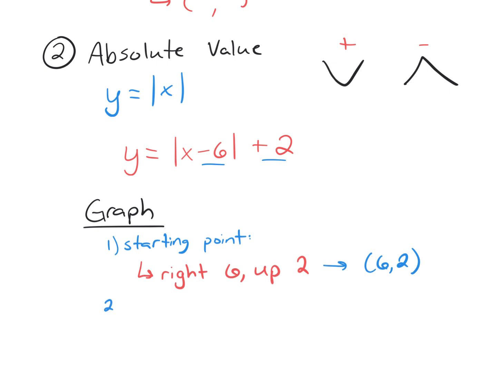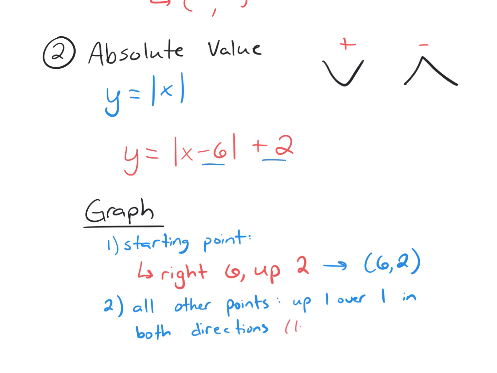Where do we get all of our other points from for absolute value? Up 1 over 1, right? Because it's a V. All other points up 1 over 1 in both directions. And again, how do you check if you graphed it correctly? What should it look like?